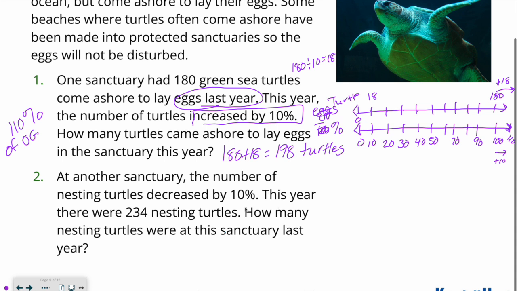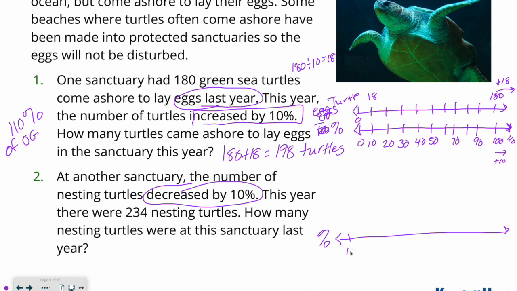Another sanctuary, the number of nesting turtles decreased by 10%. So again, on my percent number line, I'm going to count by tens. And I'm only labeling every other one. And then I have my turtles.